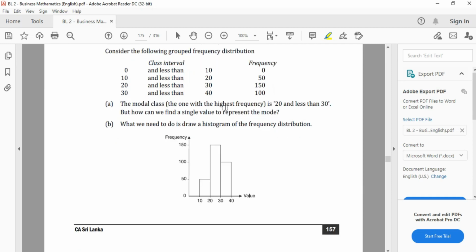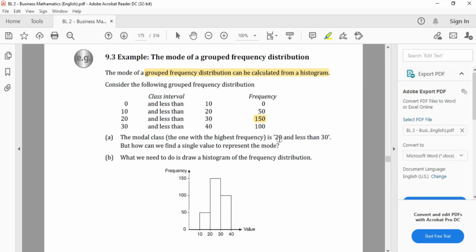The modal class, the one with the highest frequency, is 20 to 30 because it has 150 frequency. It is the highest when compared to the rest. But how can we find a single value to represent the mode? Now in grouped data, we have grouped it between 20 to 30. But how can we identify the exact value that will represent the highest frequency?